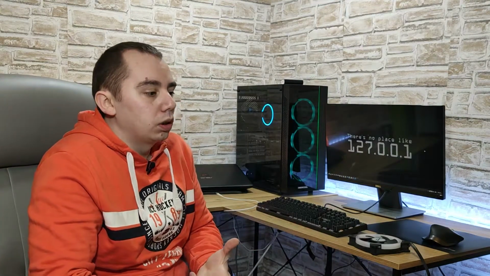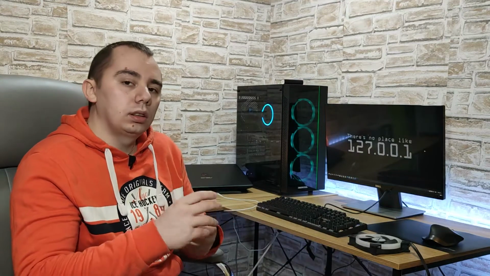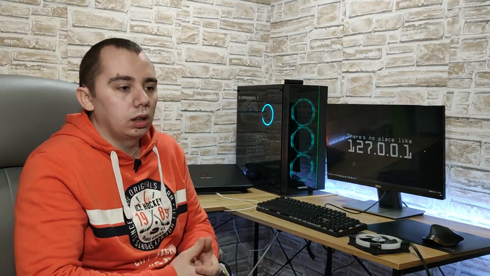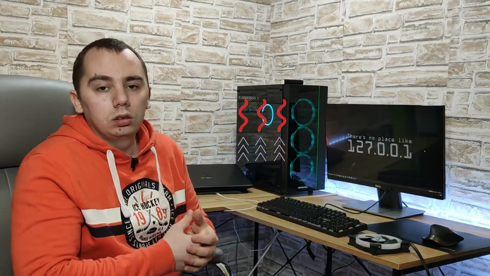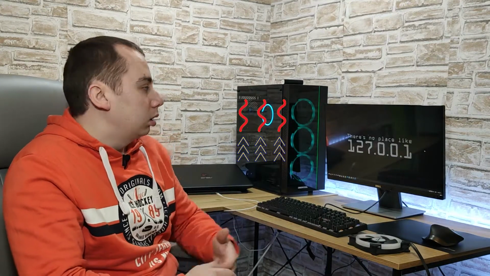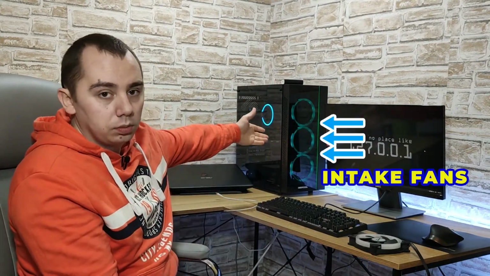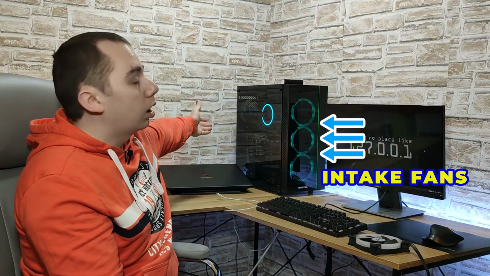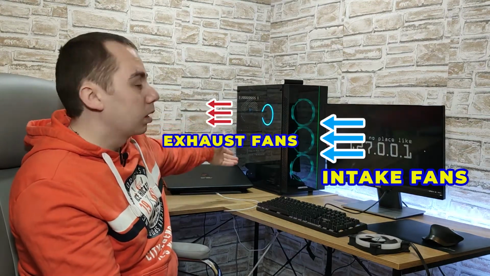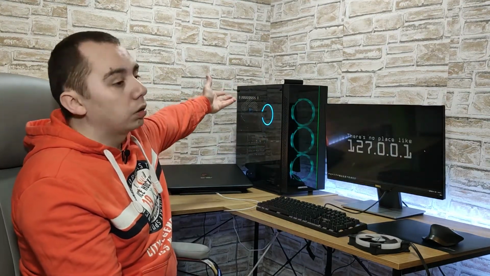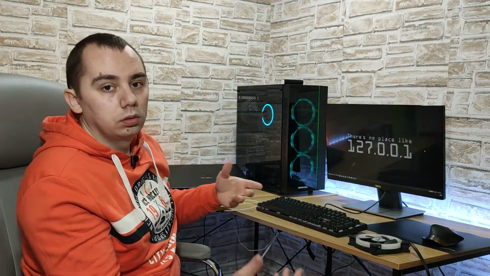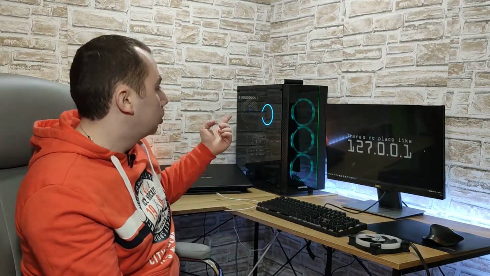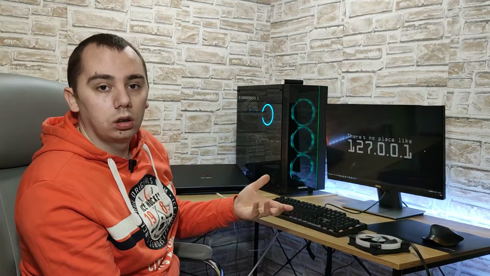Now, in terms of how we should set our coolers up, the basic stuff you should need to know is that hot air rises, and the usual convention is that in the front we have intake fans, on the rear we have exhaust fans. Also, if your case allows for positioning fans on the top, usually they are used for exhausting hot air.